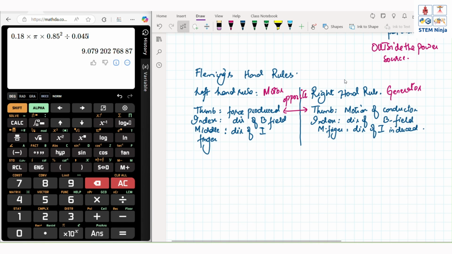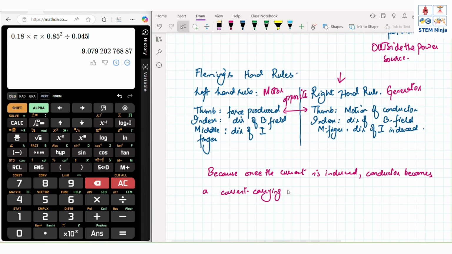So in this case, we can use the right hand rule also, the left hand rule also. Why? Because once the current is induced, the conductor becomes a current carrying conductor in the magnetic field.